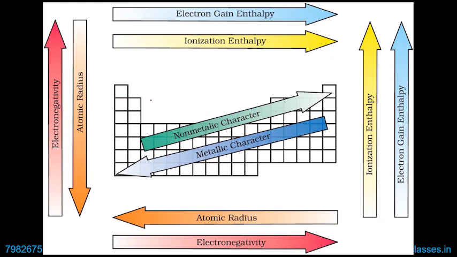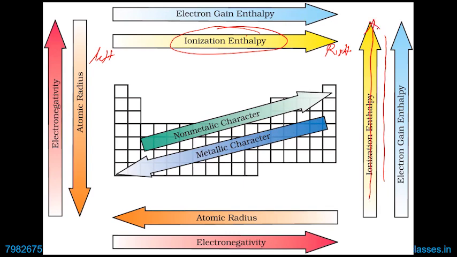So what this says is that ionization enthalpy increases from left to right and decreases down the group. This one is actually in the opposite direction. Now we will consider in this chart only increase. So instead of saying it decreases down the group, we will say it increases from bottom to top. Why? Because it will help you understand it with vectors.